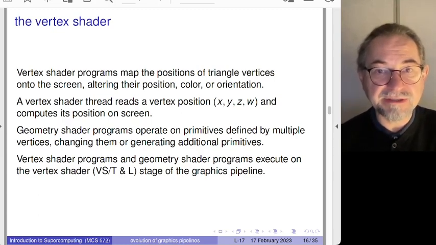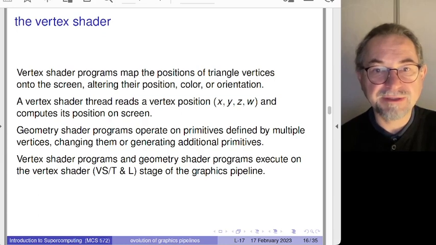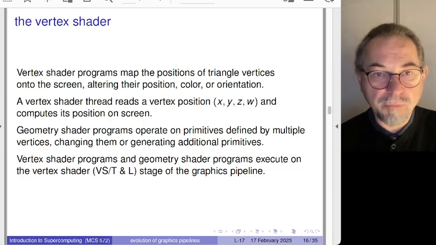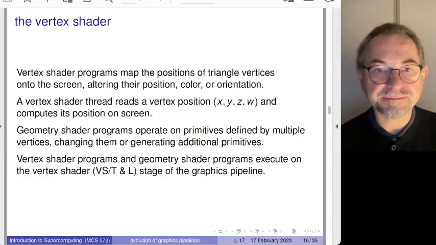Okay, so the stages in the pipeline became also more and more complex. So here is one of the tasks that is done. The shading of the vertices. So we have the coordinates of the pixels.